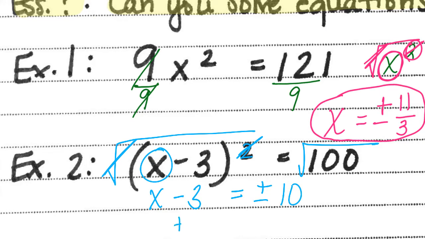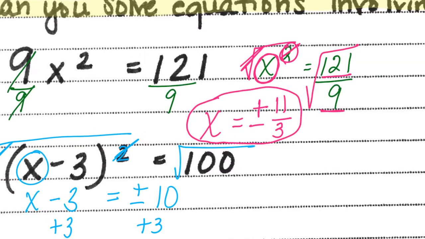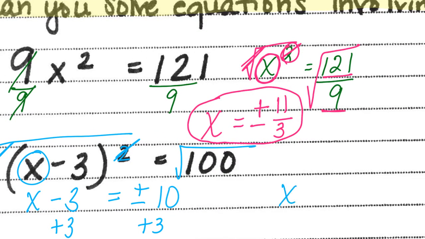So when I add 3 to each side, this is literally saying x is equal to a positive 10 plus 3, and x is also equal to a negative 10 plus 3.